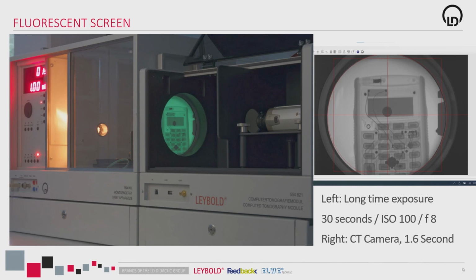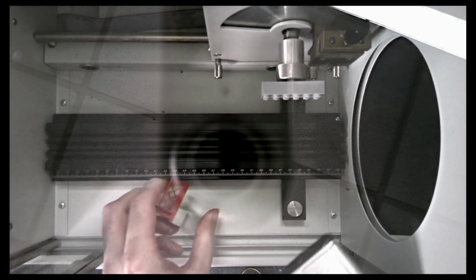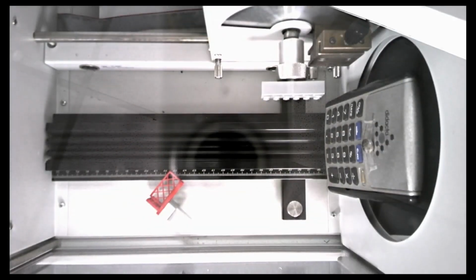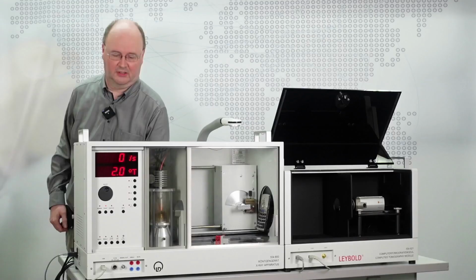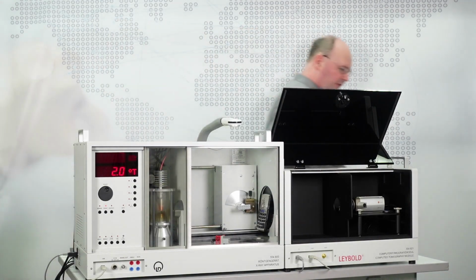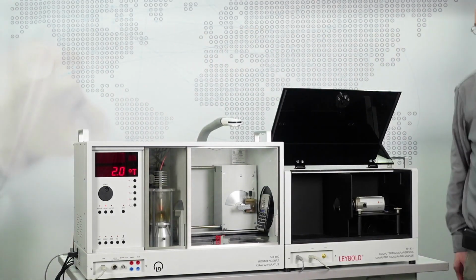And so, to demonstrate this live, we'll put in our pocket calculator, and I'll go just for the software. And here we are with a live image. And you can see what the camera sees right now.